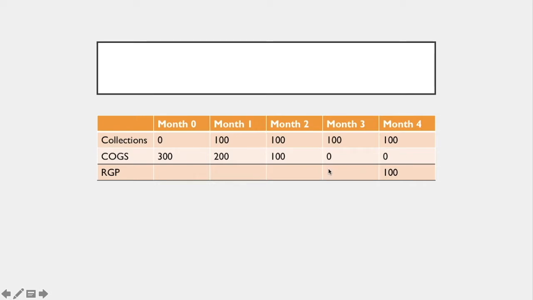But of course, there's no excess RGP yet because if you're going to add the collection, 300 is just equal to the 300 balance of the cost. In month 4, since you have fully recovered the cost, then you can now recognize a realized gross profit. Only then you can recognize the gross profit. So in Bisaya, we call it tingub. Tingub pag recognize sa gross profit.